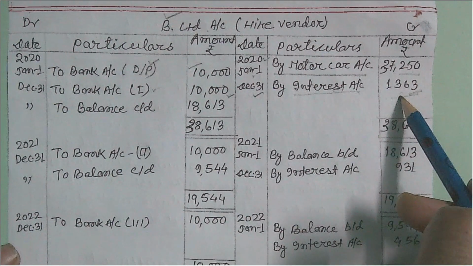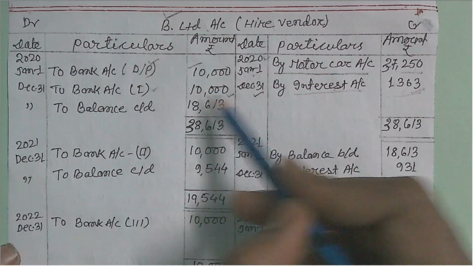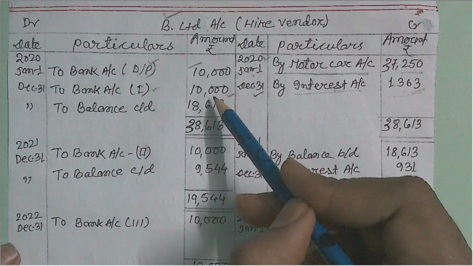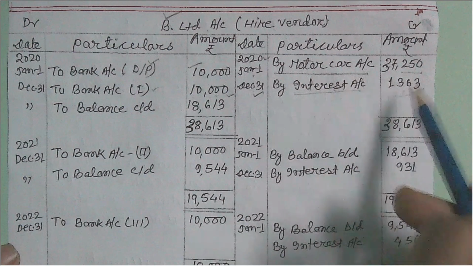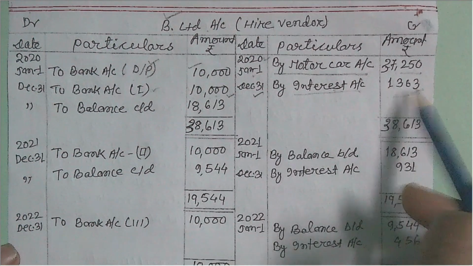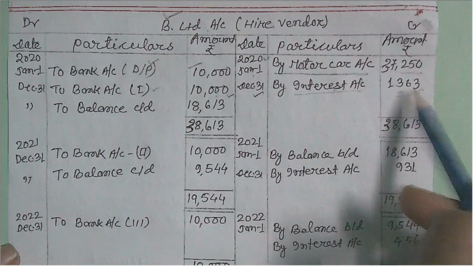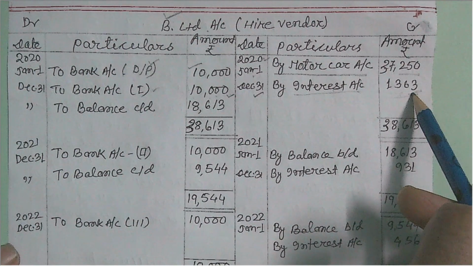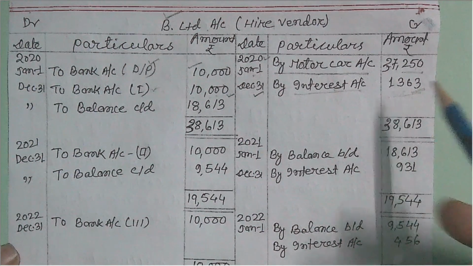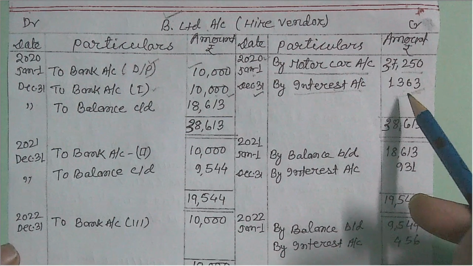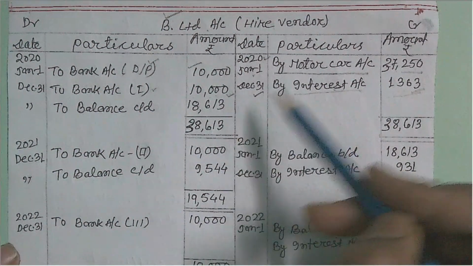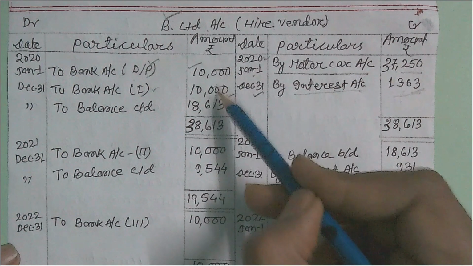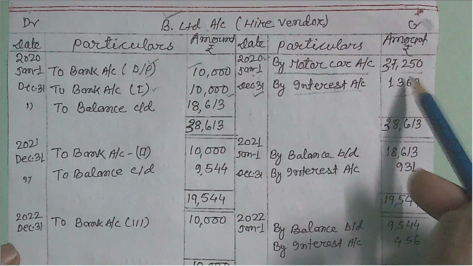Later on I will show you the working table, how this amount is adjusted against the motor car. So simply 10,000 minus 1363, the interest, and the balance amount, 8,637, is paid towards the cash price of the motor car. Well, so this is the balancing of the account.